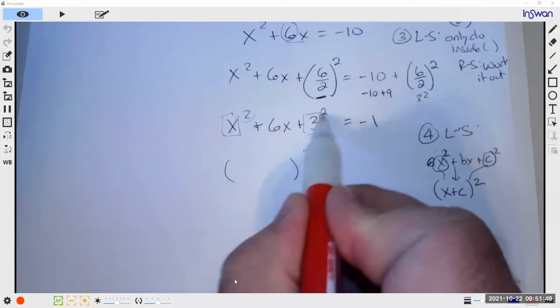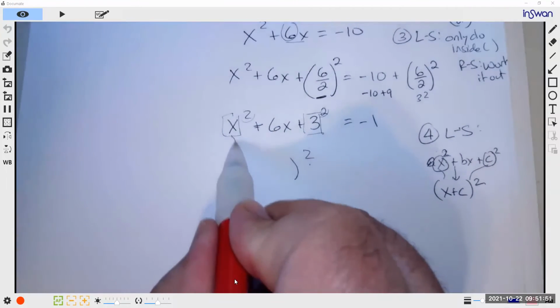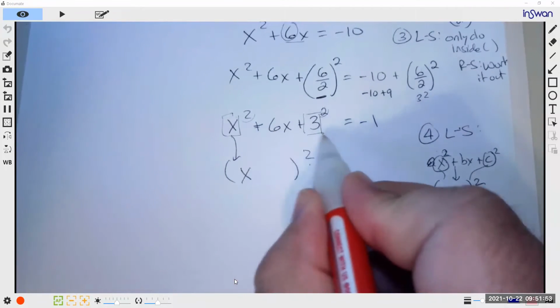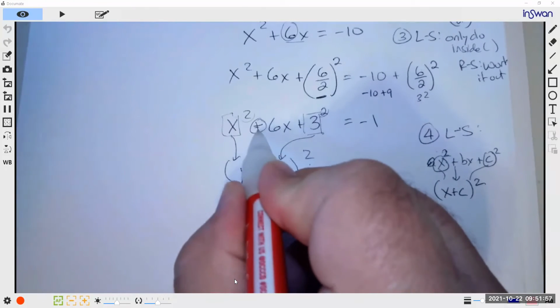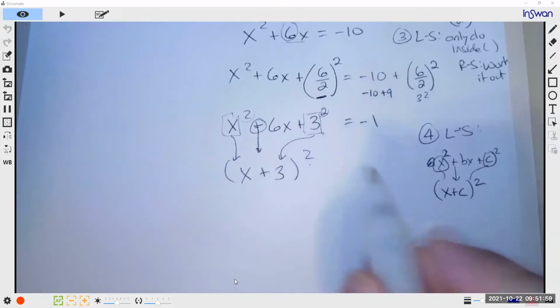So x and 3, and whatever the first sign is, just bring that down.